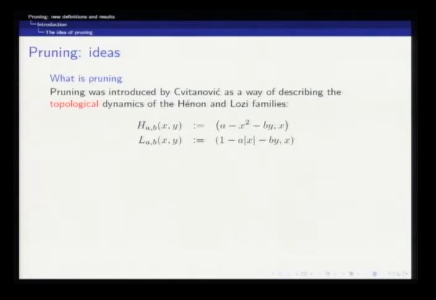So you have a family of homeomorphisms or diffeomorphisms of the plane or of a surface in general. He was especially interested in the Henon and the Lozi family. And you want to be able to describe the topological dynamics: what are the periodic orbits, how you describe them, how do you find them.